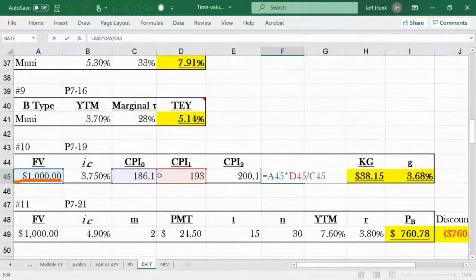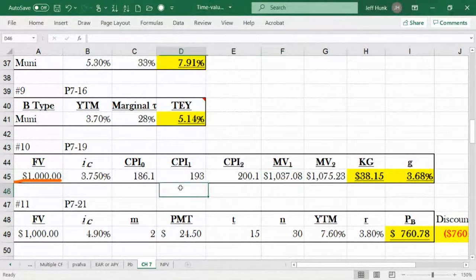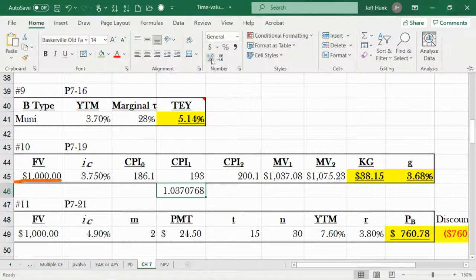In other words, let me do it. What is this? This is the gross growth rate of the inflation. So the net inflation is 3.71%.